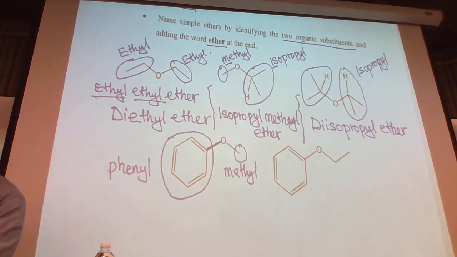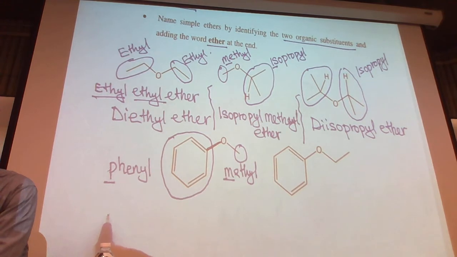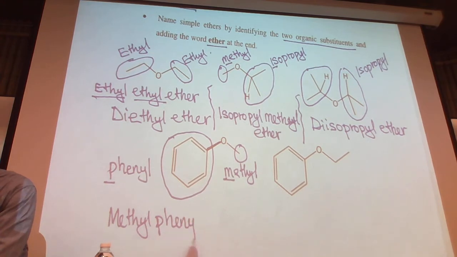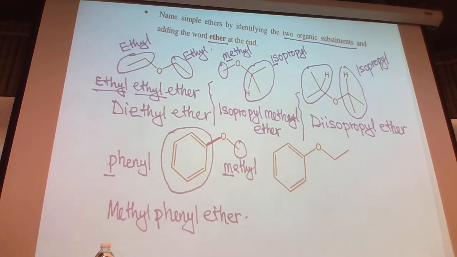So that's going to give you what? M comes before P. So it's going to be methyl phenyl ether. And what will be the last one? What do you guys think? Ethyl phenyl. That's correct. So the last one is going to be ethyl phenyl ether.